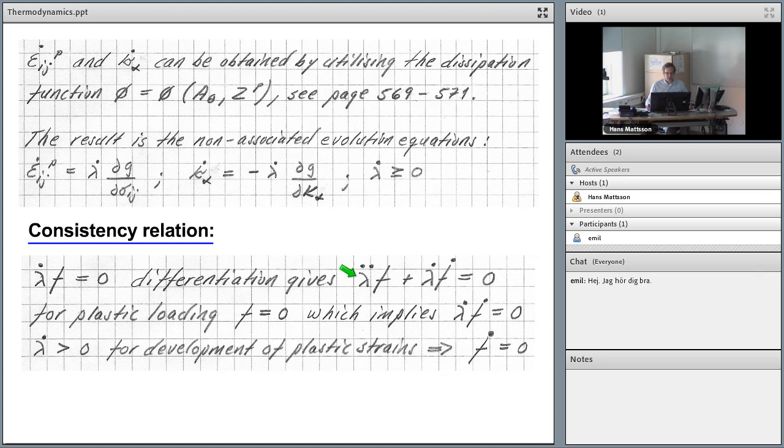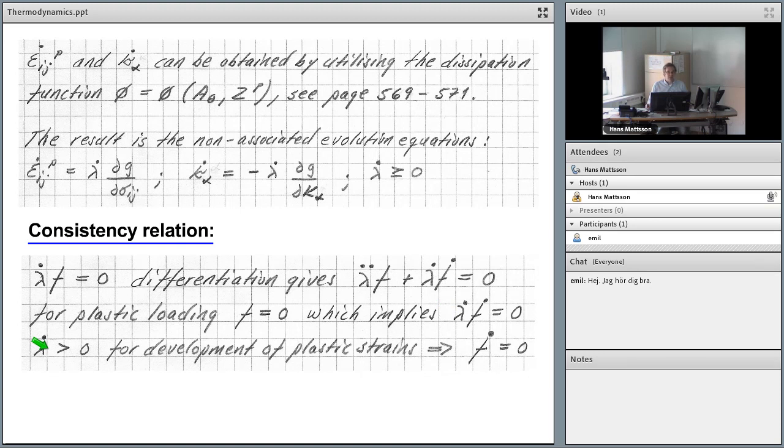And then we get this result. For plastic loading, f must be equal to 0, which implies that this is equal to 0. And for lambda larger than 0, f dot should be equal to 0.